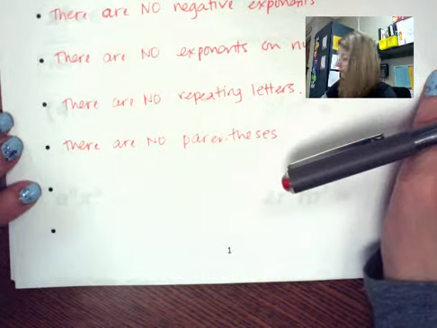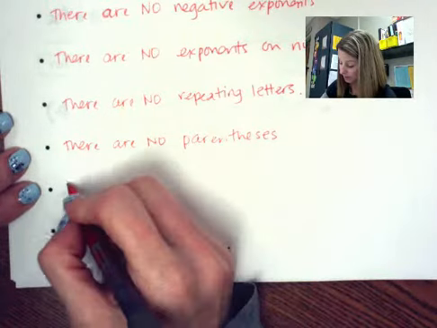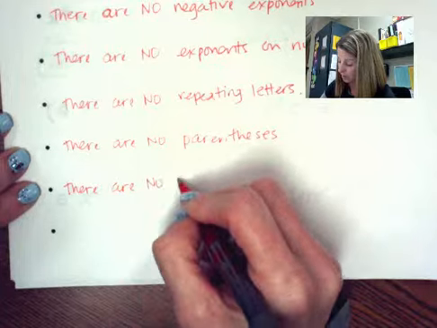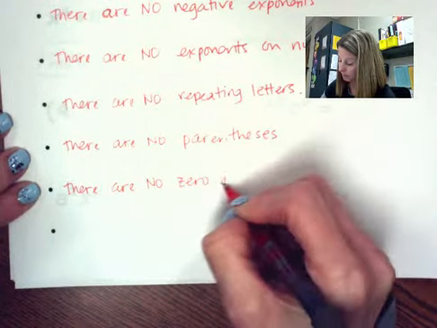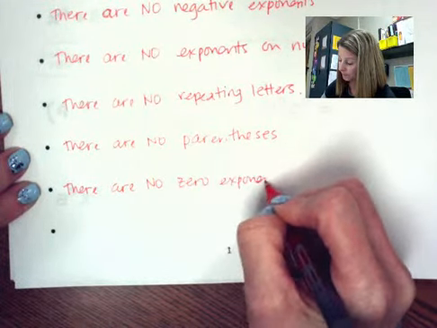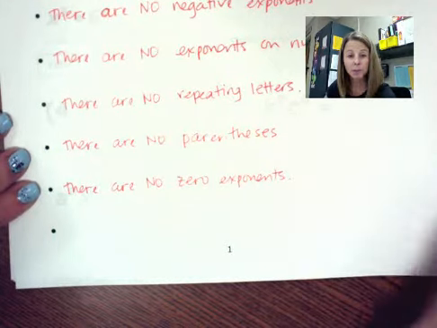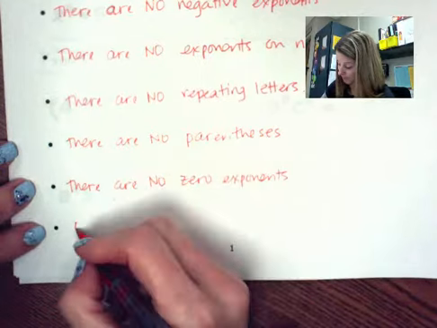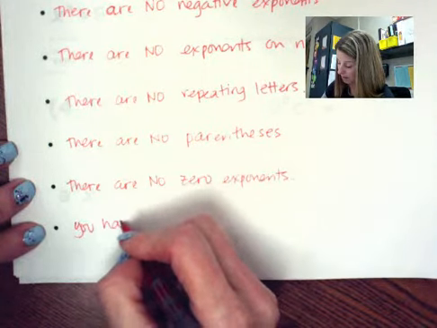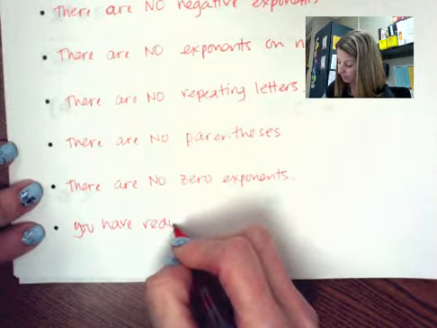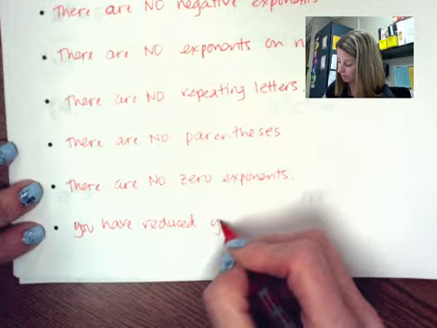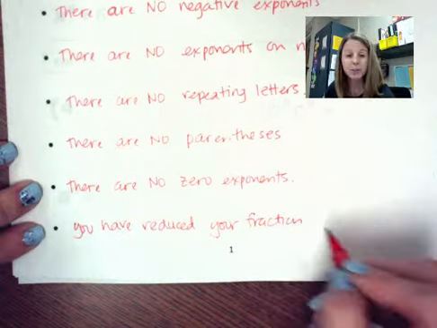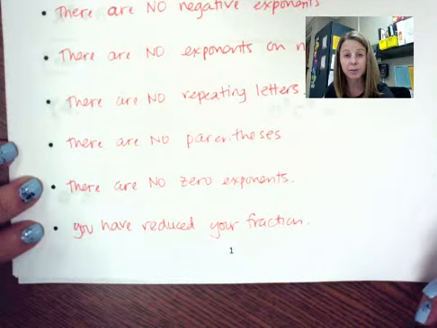Number 5, there are no zero exponents. And then finally, you have reduced your fraction. And by reducing, I mean like 2/4 is reduced to 1/2.